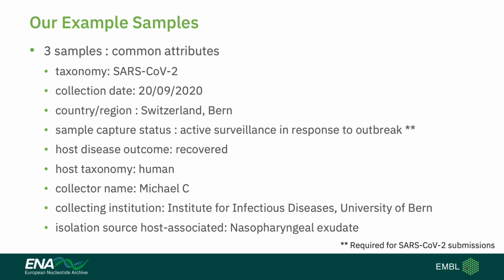I'll just note this sample capture status field. We strongly recommend that this is set to active surveillance in response to outbreak for all SARS-CoV-2 submissions, and that's really just kind of for tracking on our own side at the ENA. So these are the common attributes that these samples share.